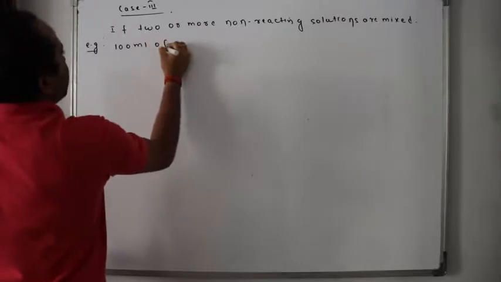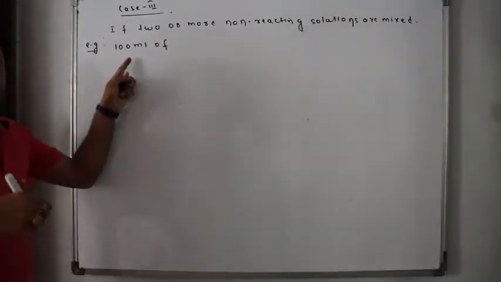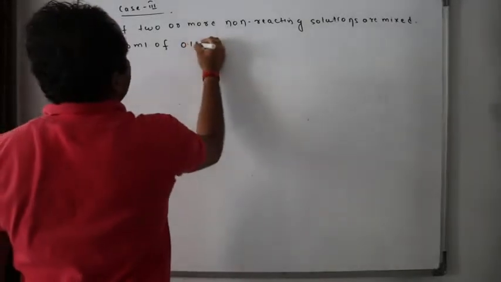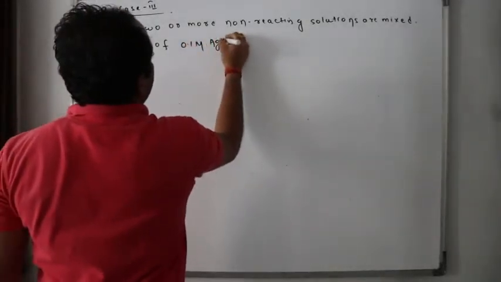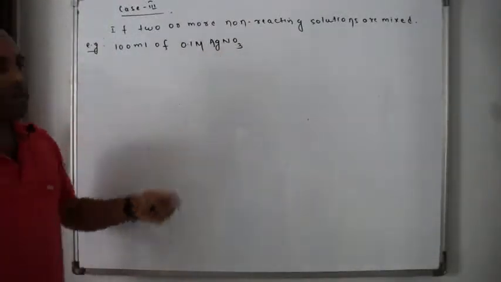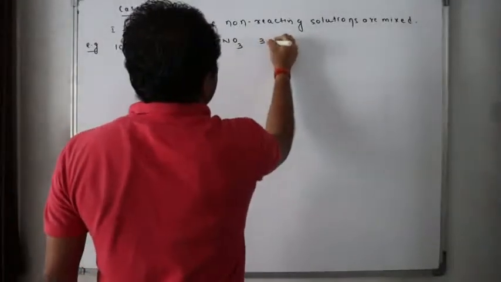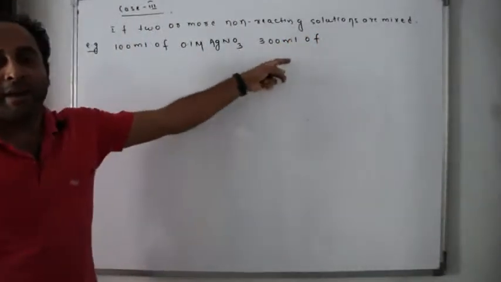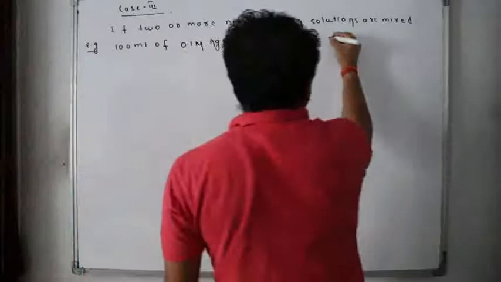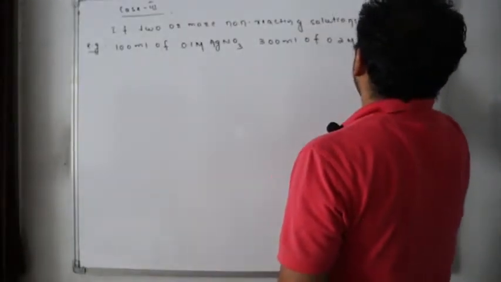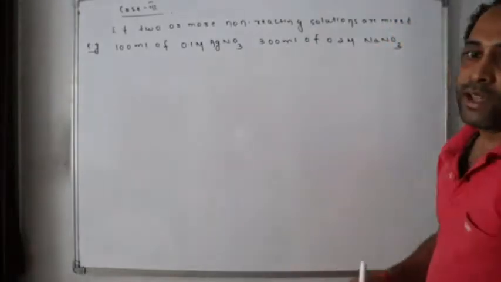100 ml of, listen carefully and write the question with me. 100 ml of 0.1 molar AgNO3, okay, with 300 ml of 0.2 molar NaNO3 are mixed.